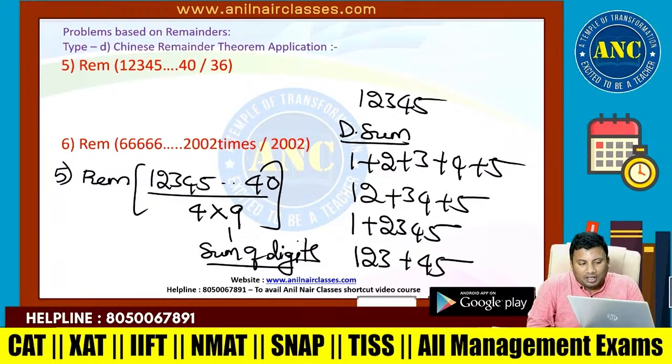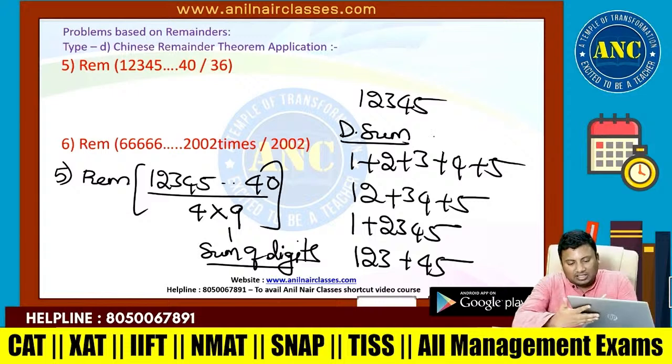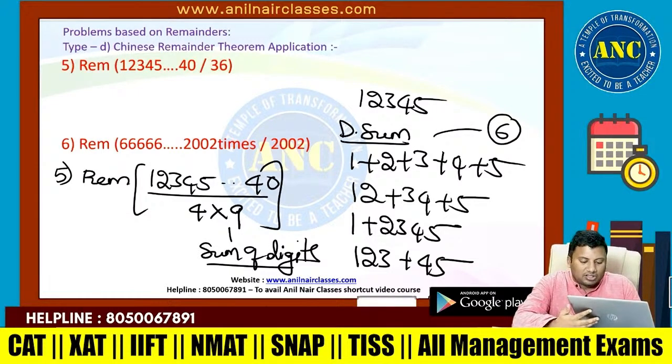Please check it out. 5 plus 4 is 9, 9 plus 3 is 12, 12 plus 2 is 14, 14 plus 1 is 15. The digital sum of 15 is 6. Here also 34, 39, 51, it is 6. Here also it will be 6.